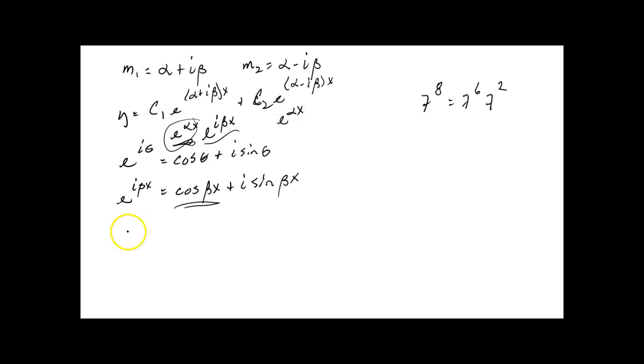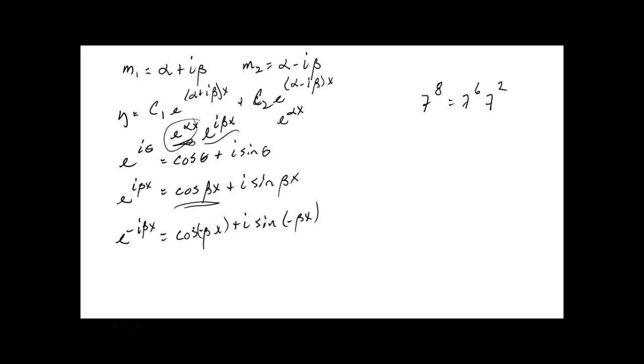But let's do this part, e to the minus i beta x. Well, that would be cosine of minus beta x, plus i times the sine of minus beta x. Agreed? Okay.